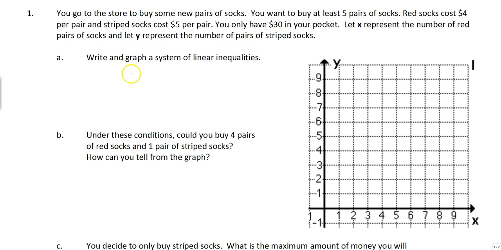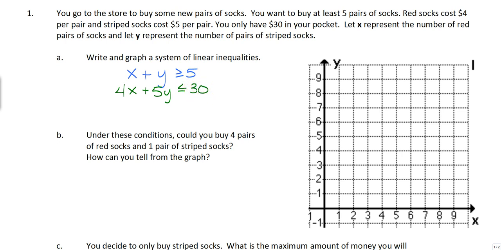So we know that the sum of red socks and striped socks, we want to buy at least 5 pairs, so that needs to be greater than or equal to 5 pair of socks. Now we got to talk about some money. Red socks are $4 a pair and the fancy striped socks are $5 a pair, but we only have $30, so that has to be less than or equal to $30.